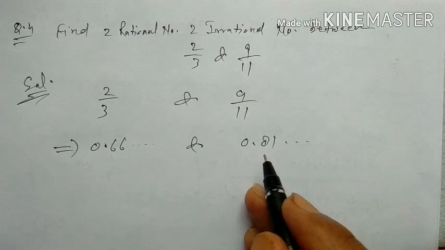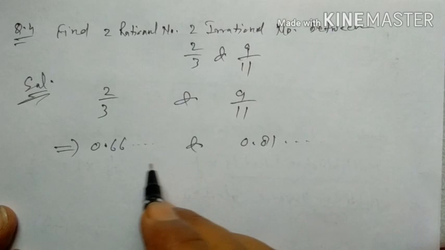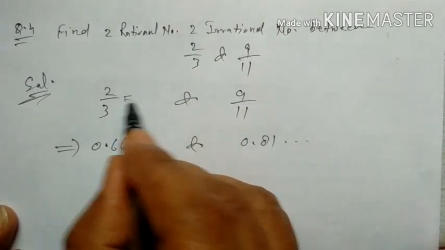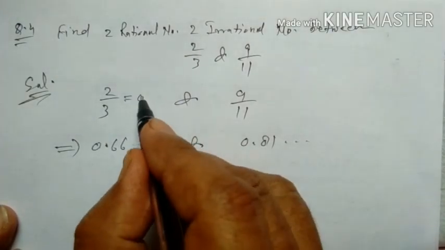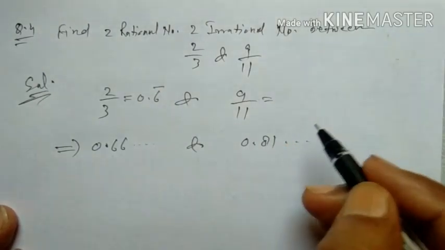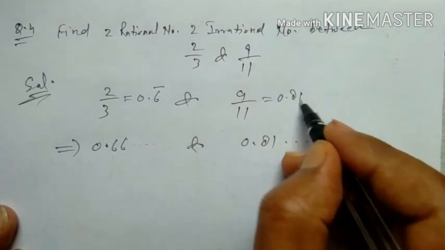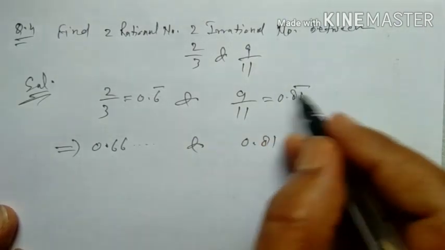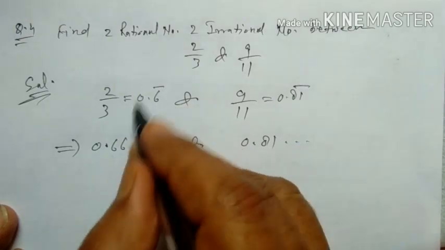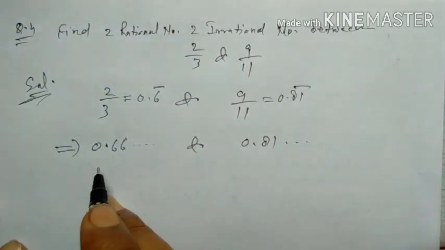Here you can take 3 digits as necessary. 2/3 is 0.6666, which means 6 bar, and 9/11 is 0.8181, which means 0.81 bar. You can write this or not, it doesn't matter, but our aim is to write in this form.